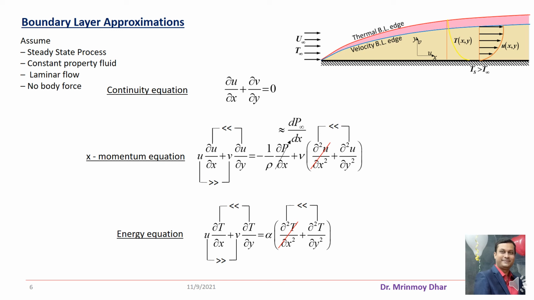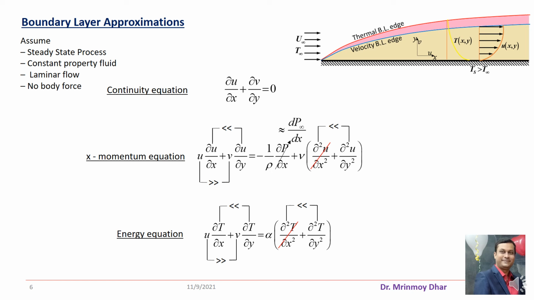So if del u del y is much higher than del u del x, then the corresponding second derivative del 2 u del y2 will also be much higher than del 2 u del x2. With this logic, the del 2 u del x2 term can be cancelled out.